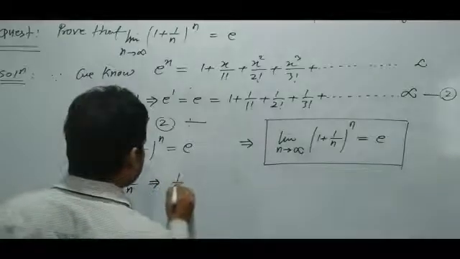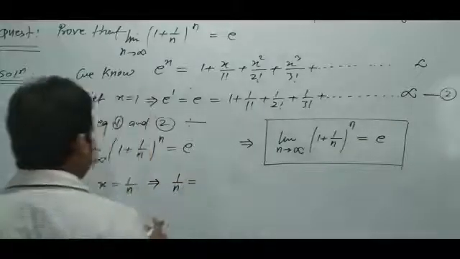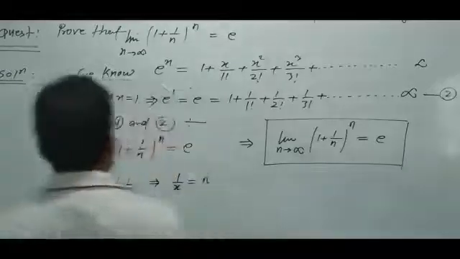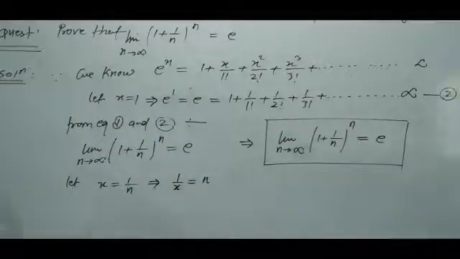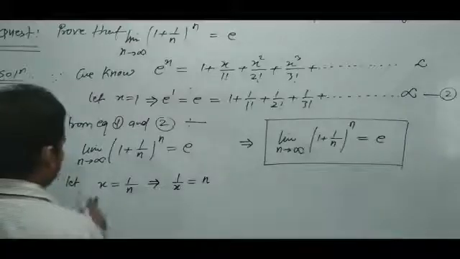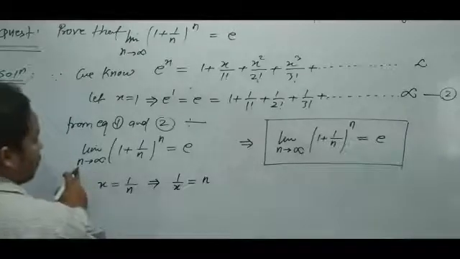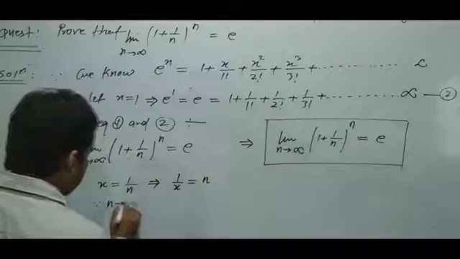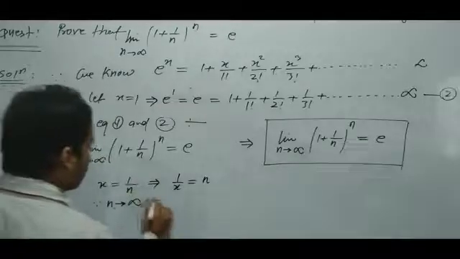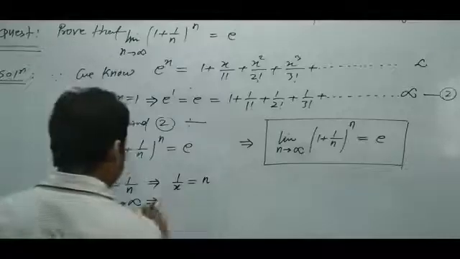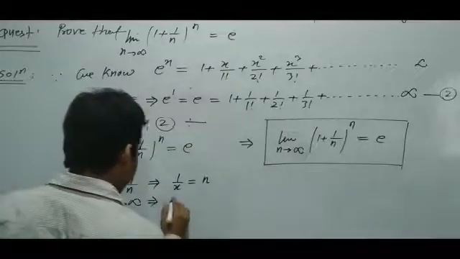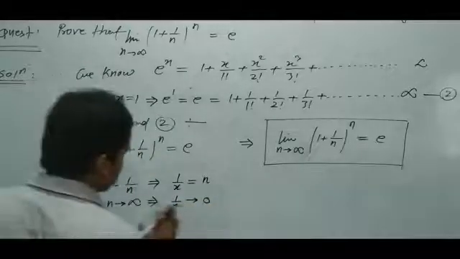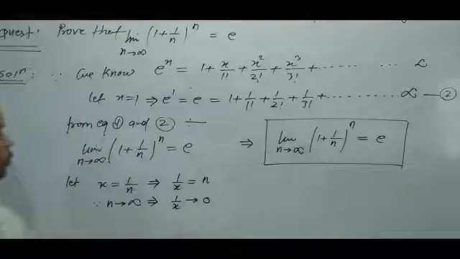This implies 1 by x is equal to n, and since n tends to infinity, 1 by n, that is 1 by x, will tend to 0.